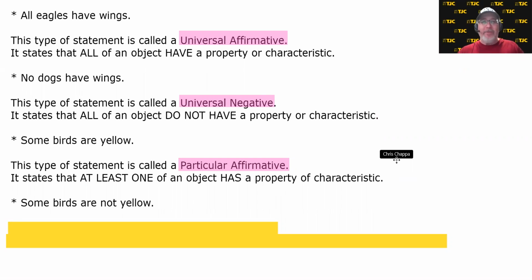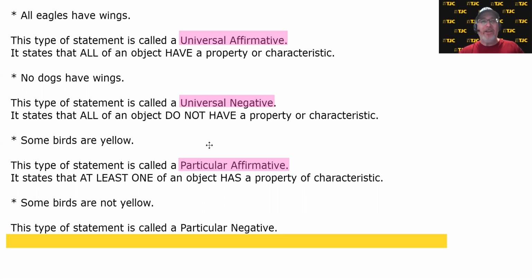And the last type of statement we'll run across is called, well, let's take a look at it. Some birds are not yellow. What do you think this would be called? At this point, you should be able to put two and two together. It's not universal because it's not talking about all, it's talking about some. So we expect it to be called particular, but it's about some not having a property or characteristic.